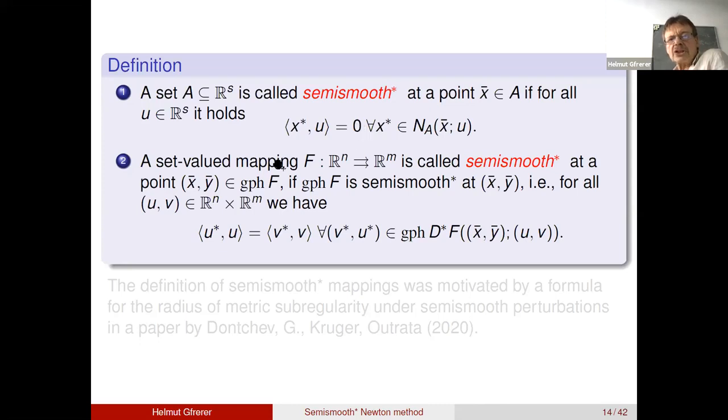And the definition for set-valued mappings F is that they are semismooth star if the graph is semismooth star at the point belonging to its graph.